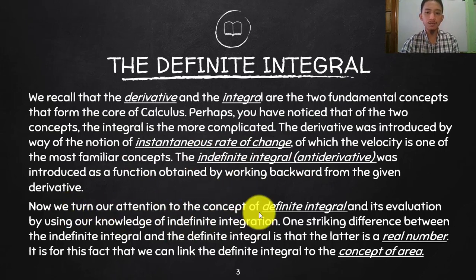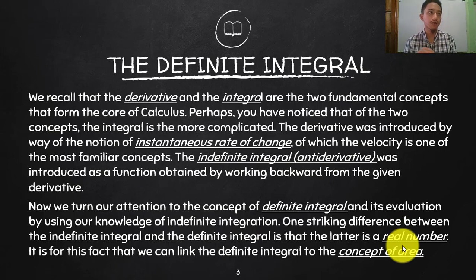So we will now go to your definite integral. The evaluation of this is of course using the knowledge of your indefinite integral. Still, you are using the properties of your indefinite integration. One striking difference between the indefinite integral and the definite integral is that the latter, the definite integral, is a real number, while in your indefinite integral you will end up with an equation.